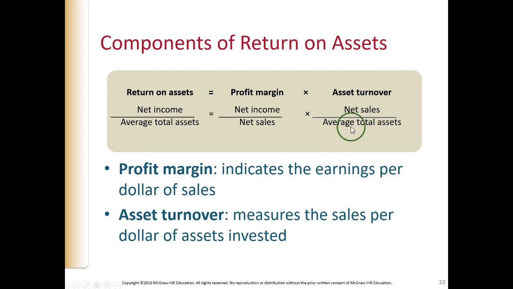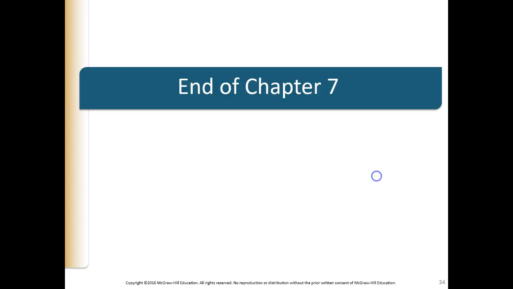Asset turnover, not a very popular ratio. Profit margin, yes, that's very common. And those can be multiplied by each other to arrive at this original one, or you can compute it just net income divided by average total assets. So again, a couple of ratios to see how well you're doing in using your assets to generate net income or to generate net sales.